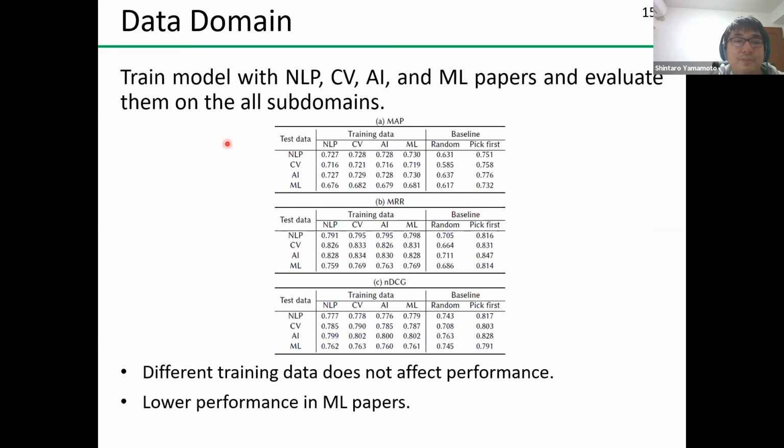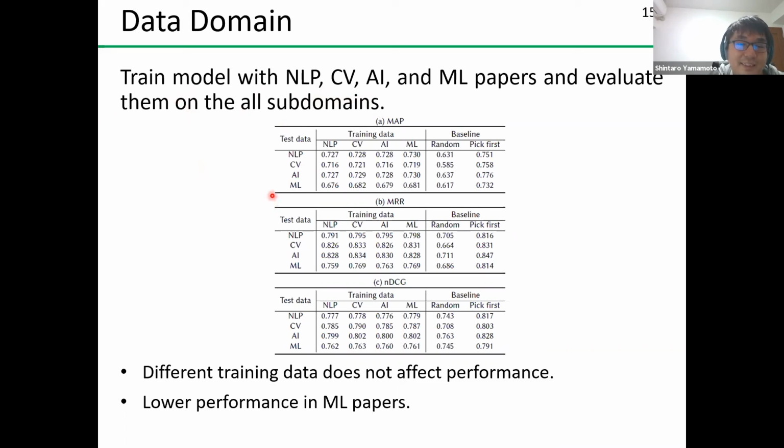We also compare the training with some domains of computer science papers. So I mean that we train the model with NLP, CV, AI, and ML papers and evaluate them on all subdomains.